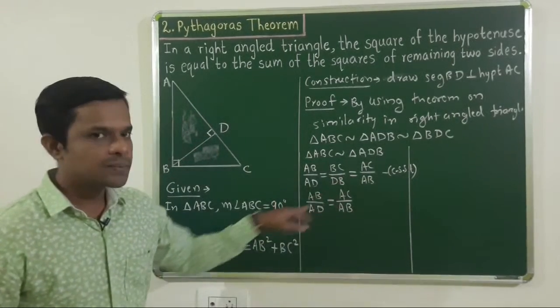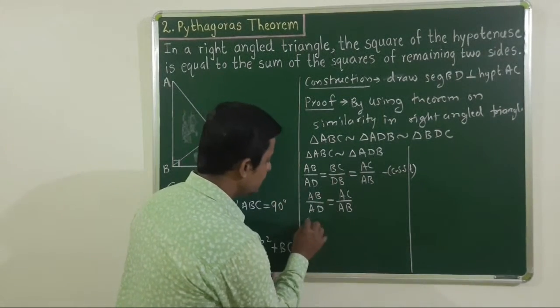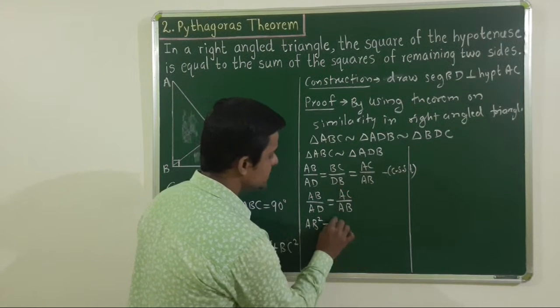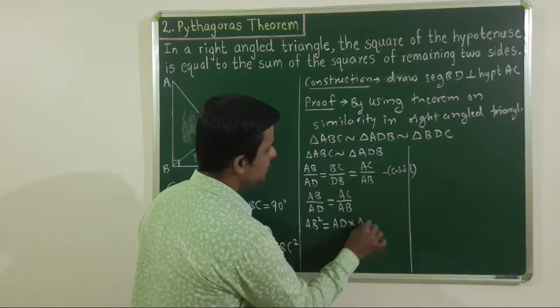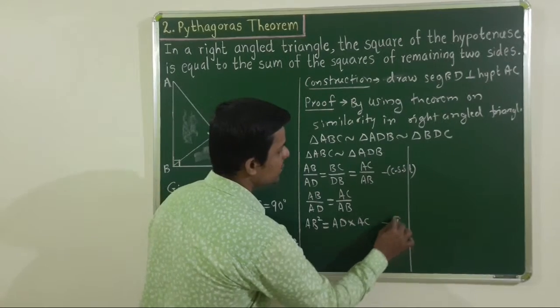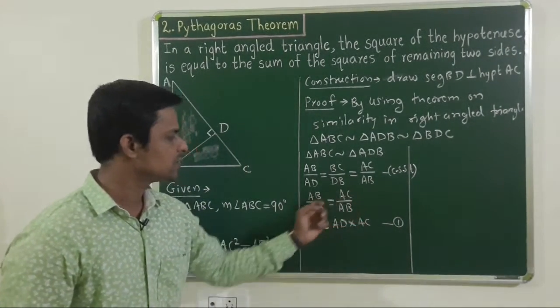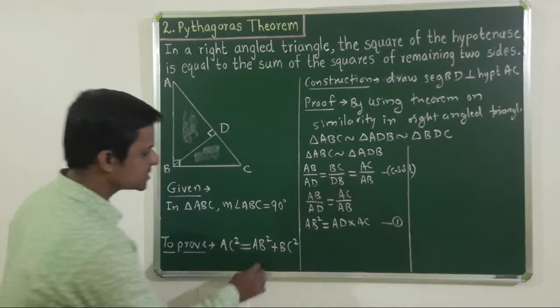Now, by cross multiplication, we get AB into AB, that is AB square, is equal to AD into AC. That is statement number 1. We got AB square here.